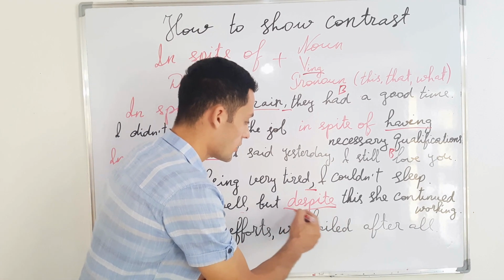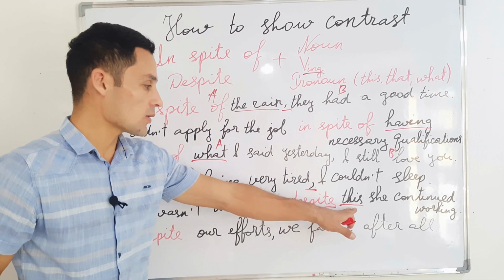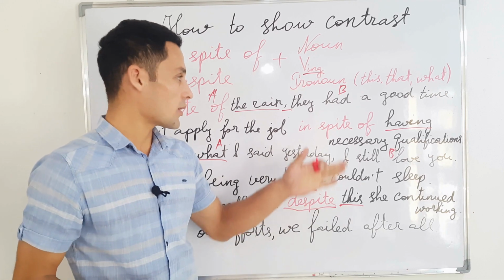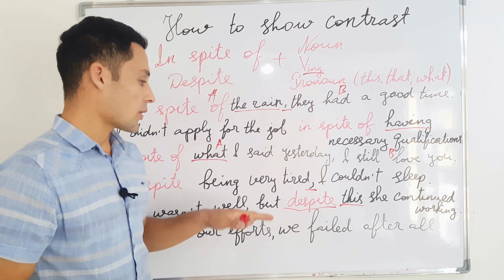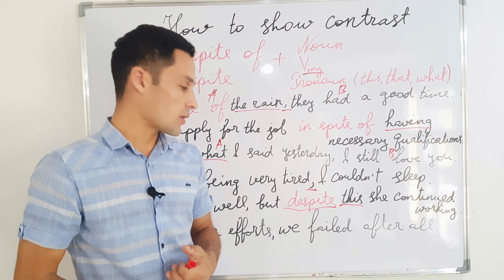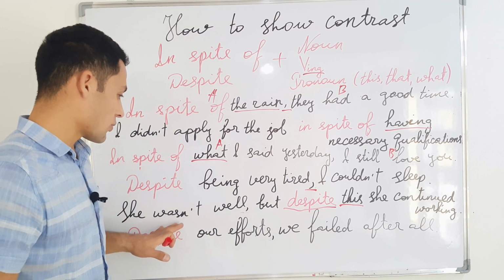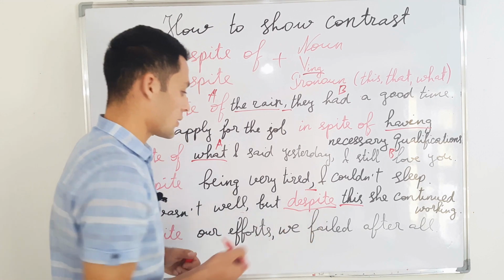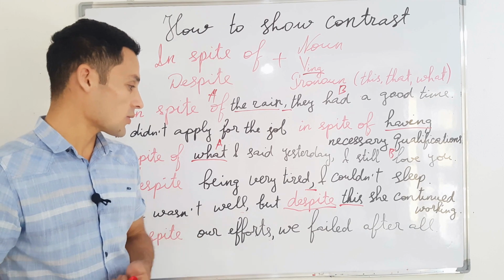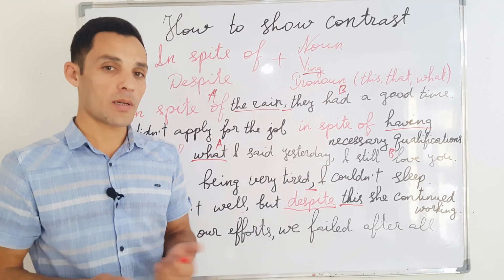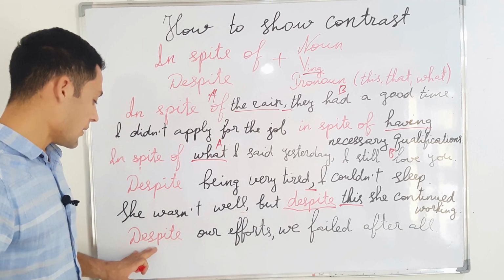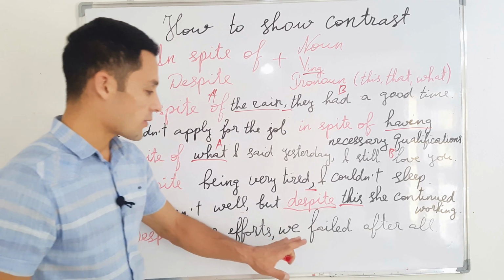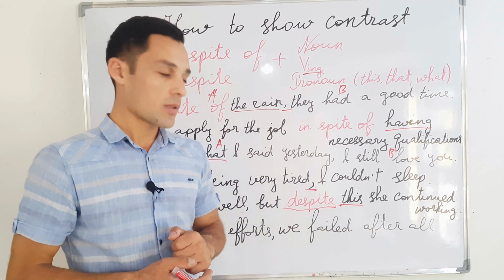And the next example, "She wasn't well, but despite this, she continued working." We have despite in here, and this is a pronoun. So after despite, we can use a pronoun. It's used in the middle position, so we do not use any comma. And lastly, "Despite our efforts, we failed after all."